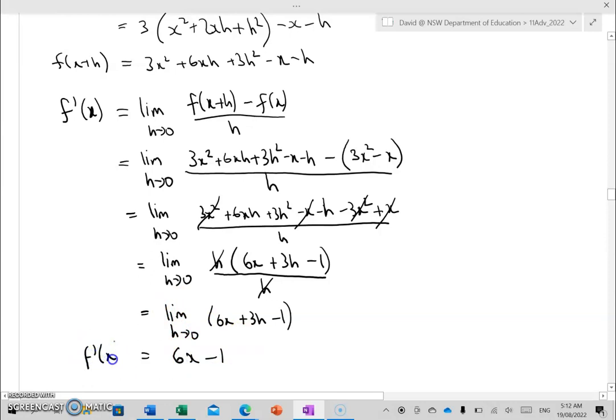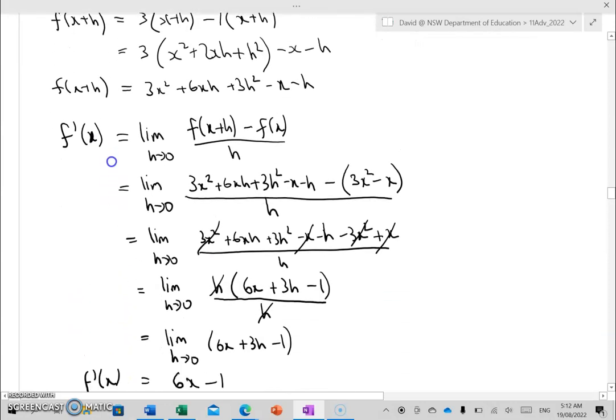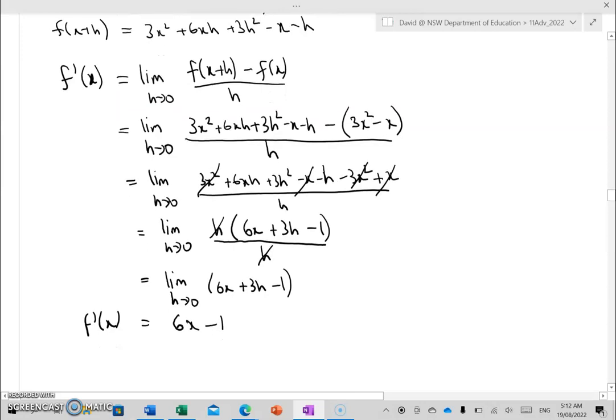So f dash x equals 6x minus 1. Is that what we wanted to show? Yes, it is. Okay, so just a reminder, on every single line you write limit h goes to 0, until we finally substitute in h is 0, then we can remove the lim. So this now is a function where if you tell me an x, I'll tell you the gradient of the tangent for that particular x.